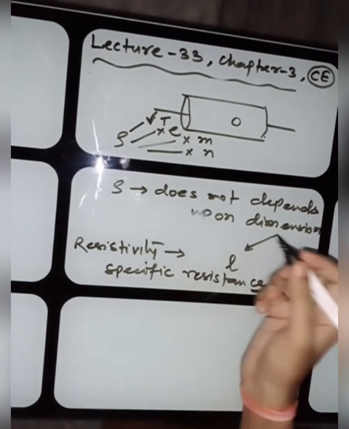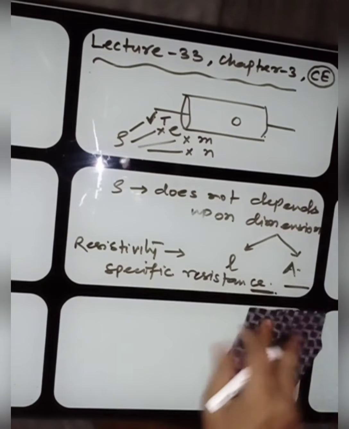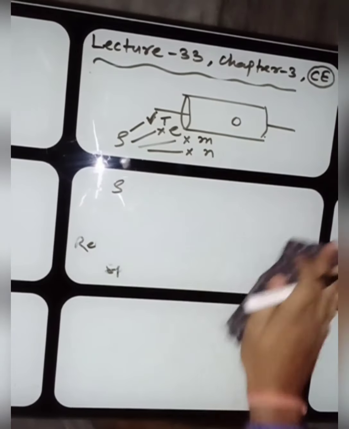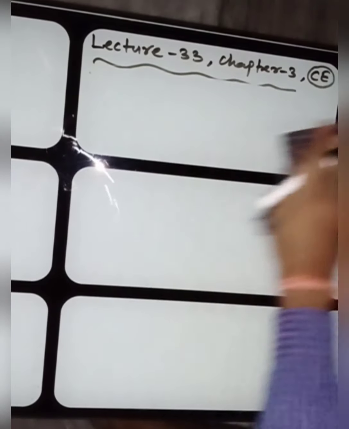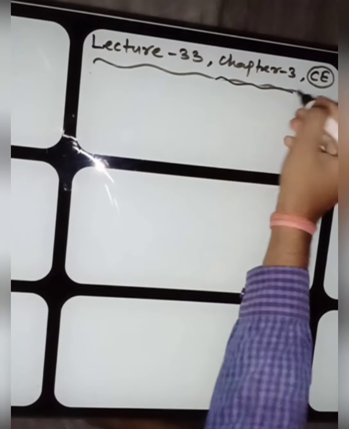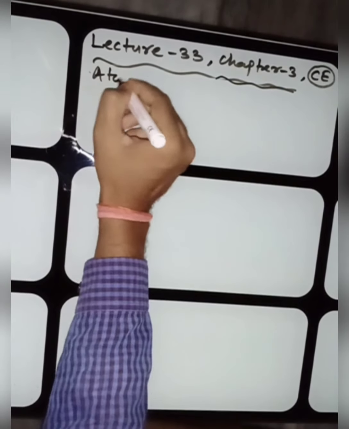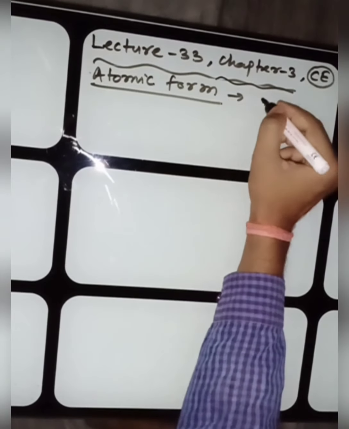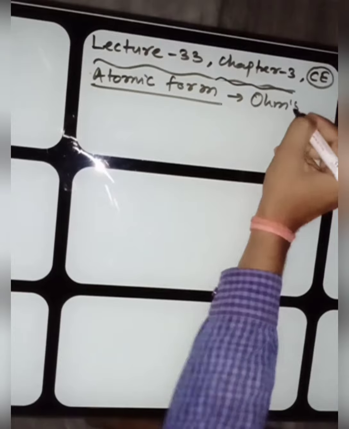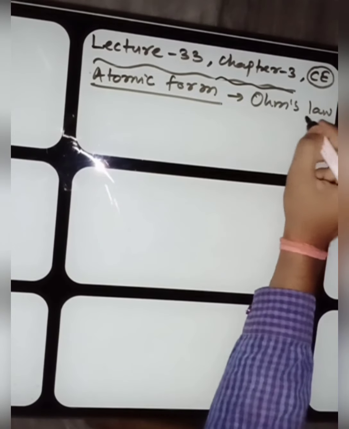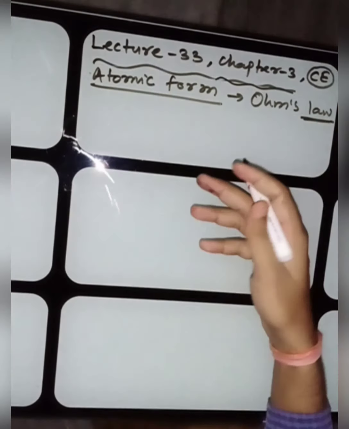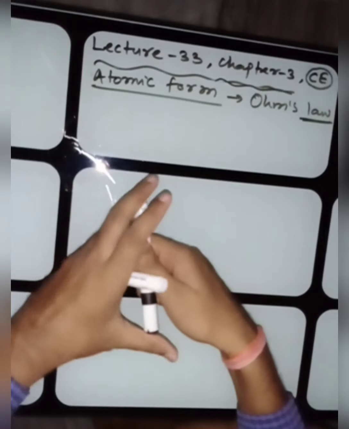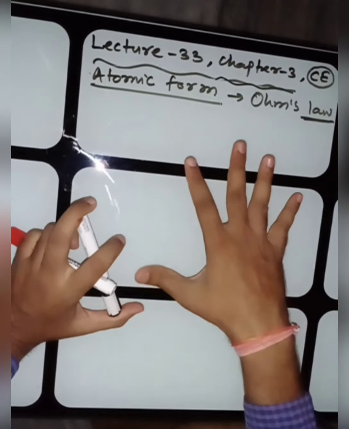Now my dear students, we will move to the next topic. Here we will see the atomic form of Ohm's law. It was asked last year in the board exam to derive the atomic form of Ohm's law.